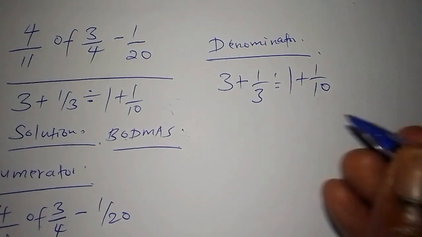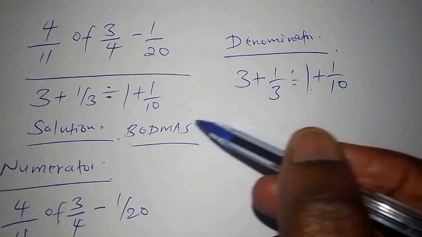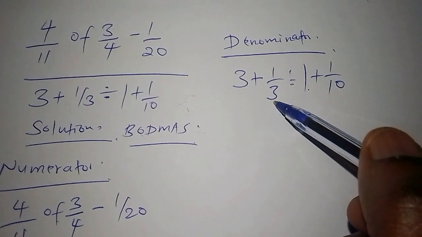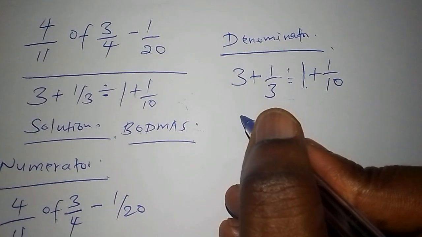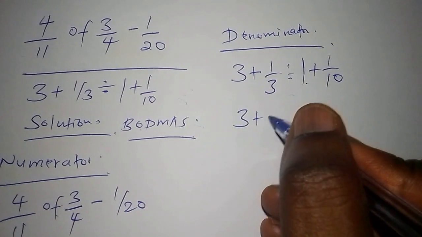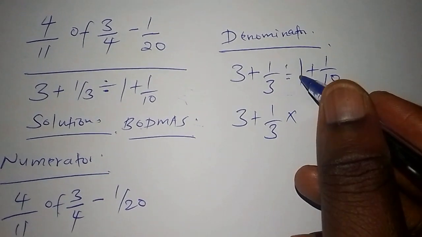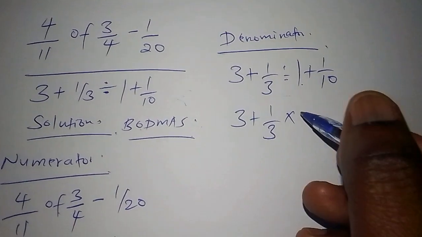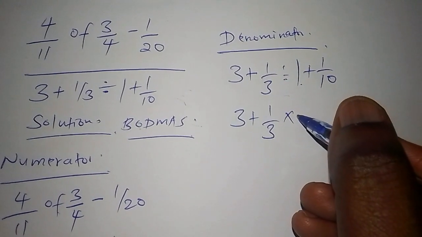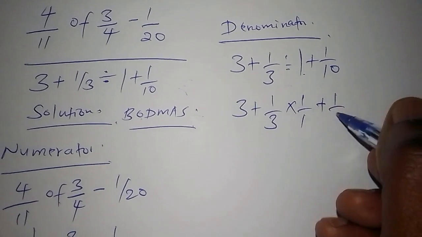The first thing to do with our BODMAS is to work out the division first. So we have 3 whole add a third, and the division now changes to multiplication because of the reciprocal of 1 whole. 1 whole is just 1 out of 1, so it still remains 1 out of 1. Add 1 out of 10.